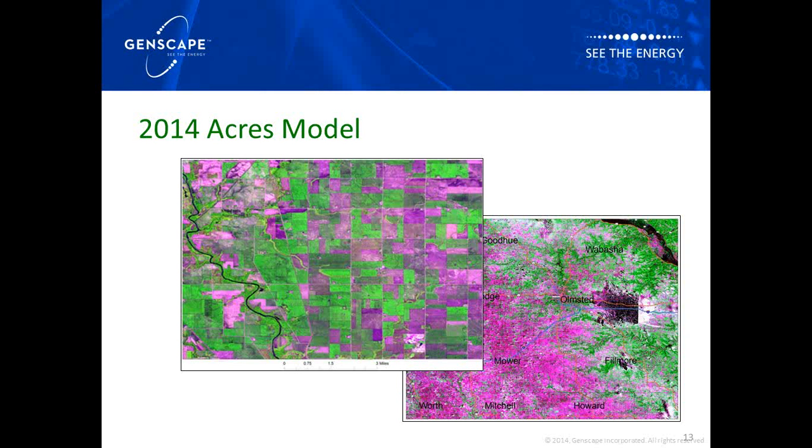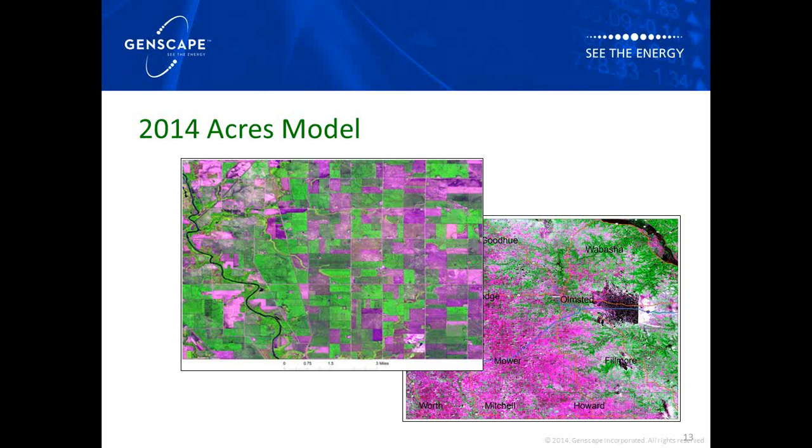Here we're looking at the RapidEye image in the upper left. RapidEye is a 5-meter resolution satellite with the near-infrared and visible bands. And here we've just highlighted corn with green. Dark purple and gray areas are bare soil.